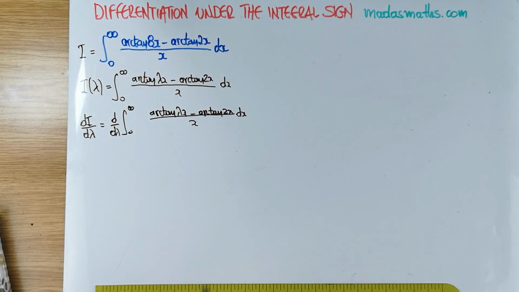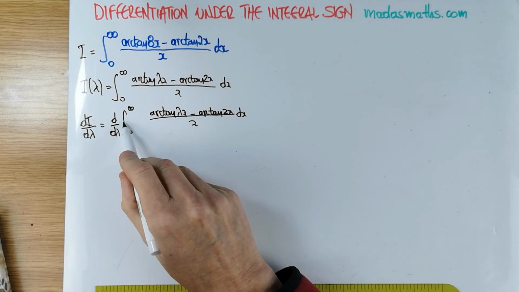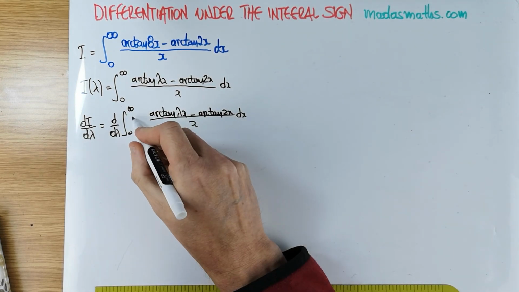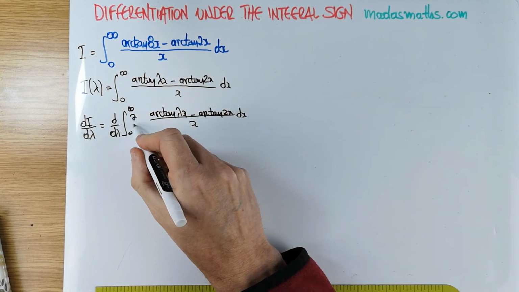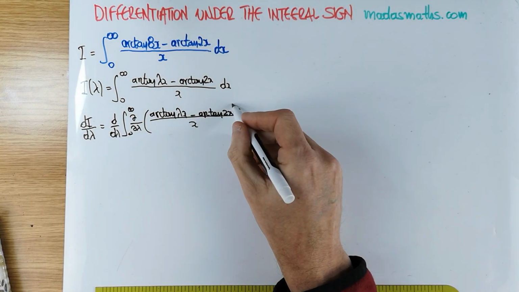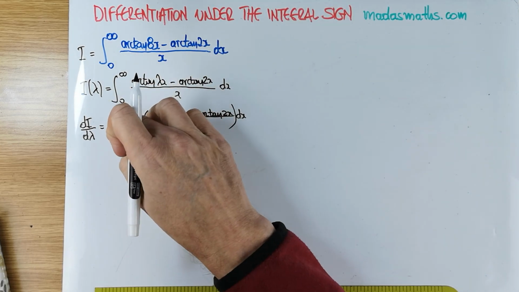By Leibniz integral rule, we've got constant limits here, so we can swap differentiation and integration. But when we go inside, because we've got two variables, we should really write it as a partial. So d by d lambda goes inside, so we no longer need it here.